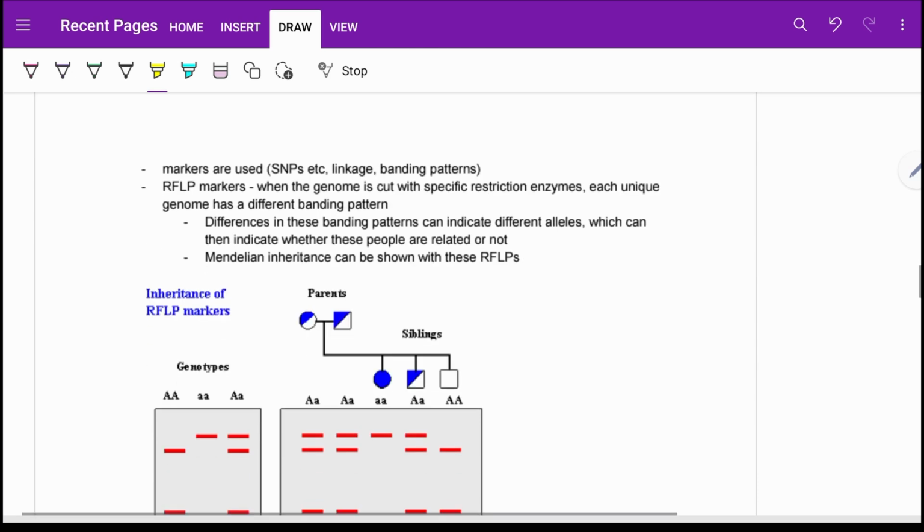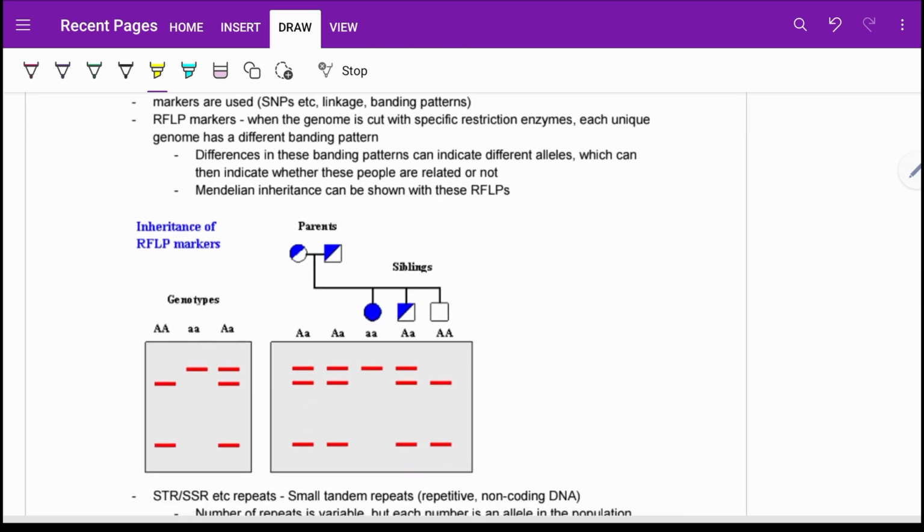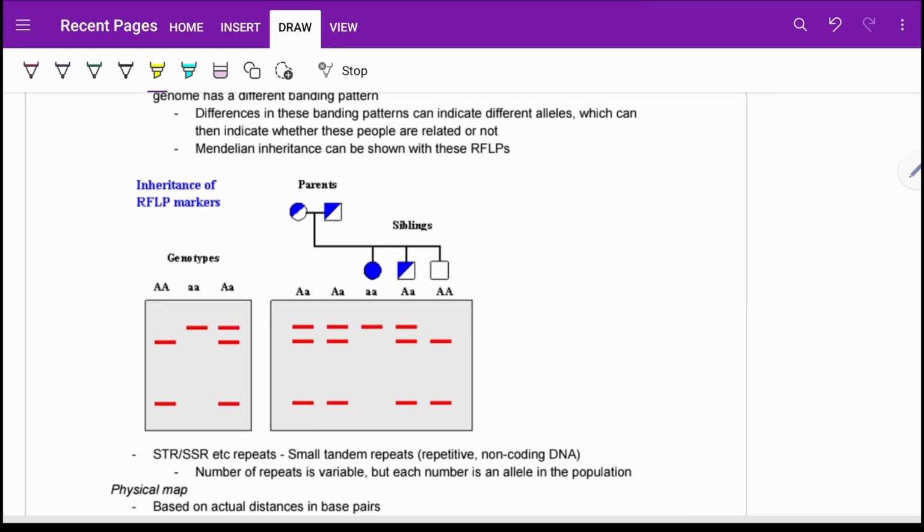We also have RFLP markers, and that's basically when the genome is cut with specific restriction enzymes. Each genome has a different banding pattern, and these banding patterns are associated with different alleles, so we can use this as a kind of DNA fingerprint.